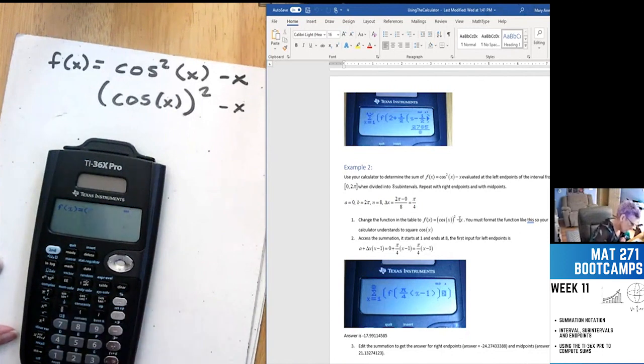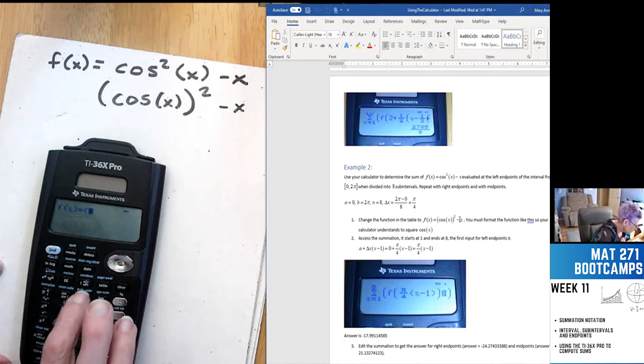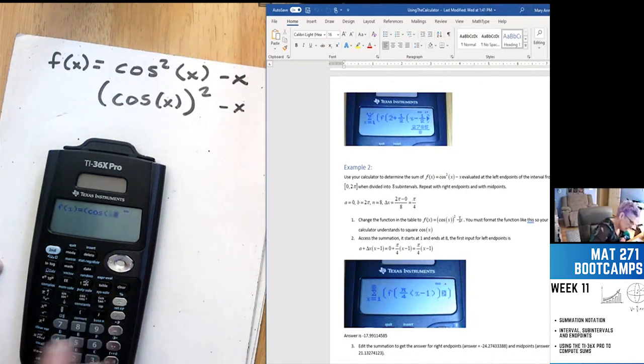So let's go ahead and get this put in here. We have cosine, open up parentheses, make sure you're in radian mode, cosine of x, close the x parenthesis, close the cosine of x parenthesis, and square it, and then subtract x. Hit enter, and then quit.